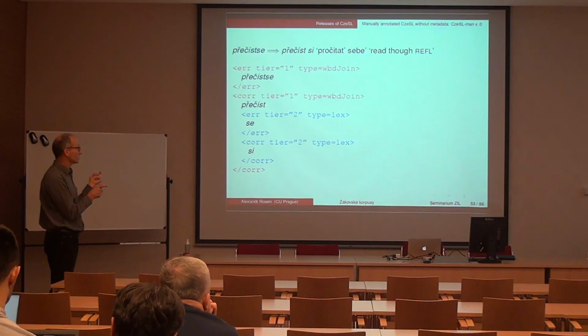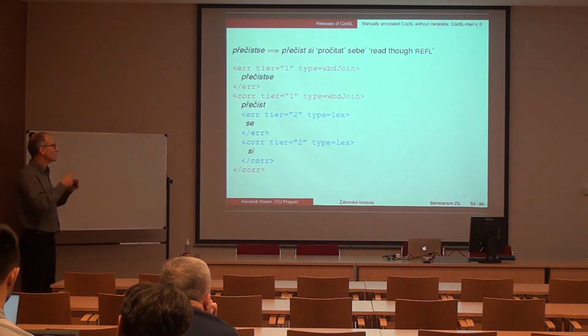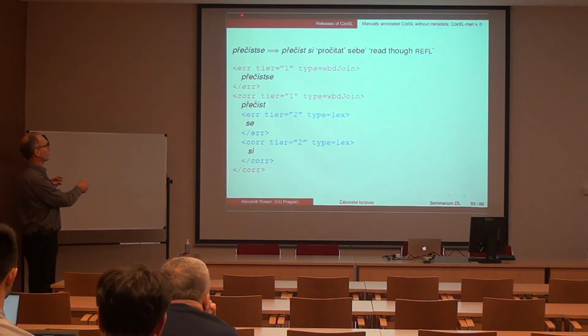But the second part needs to be corrected as well. So there is some embedded correction in here. You mark it as well as error element and correction element, and the result is as you like, including the information that it's actually a two-stage correction of one form.